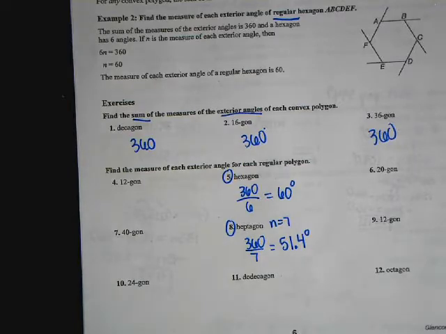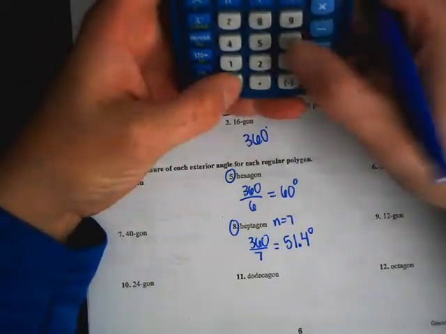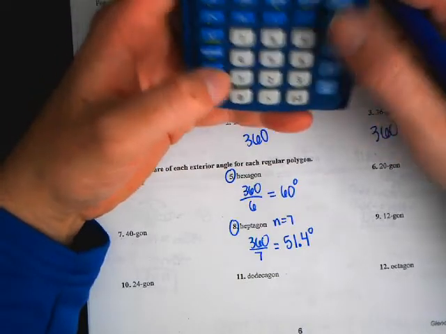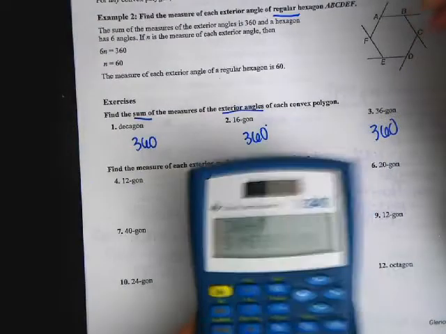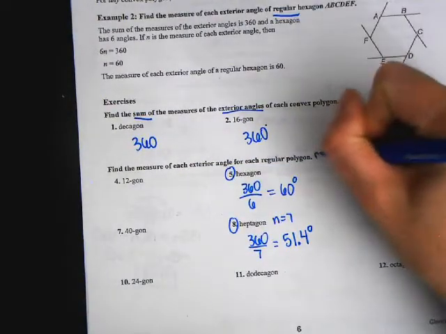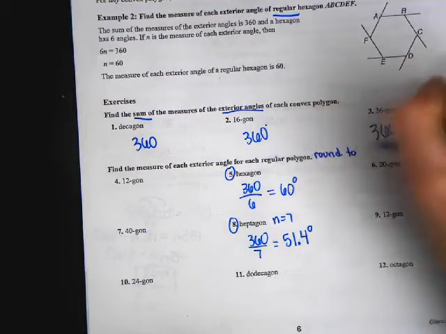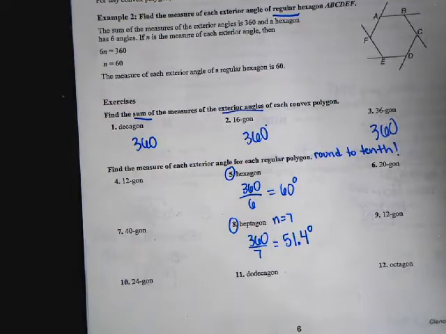Now I say that, and maybe we should round this because it doesn't say to round. So let's see. 360 divided by 7. Oops, that's 36 divided by 7. Yeah, definitely rounded. I would say to the tenth. Round to the tenth, unless otherwise specified. Okay? That's a safe decimal.